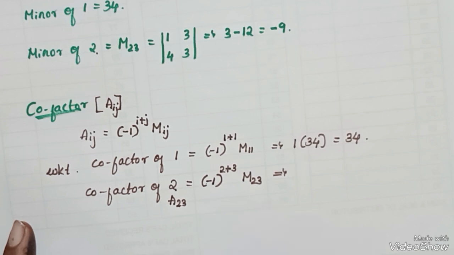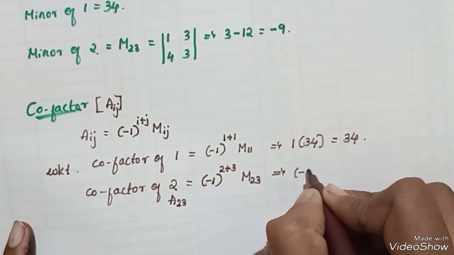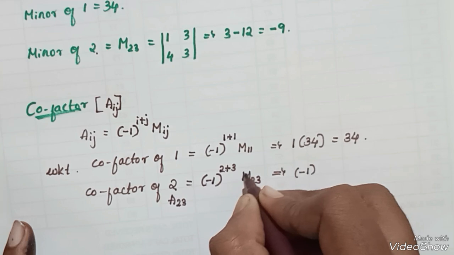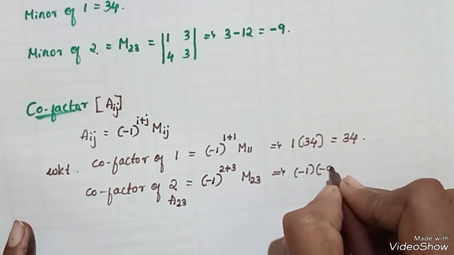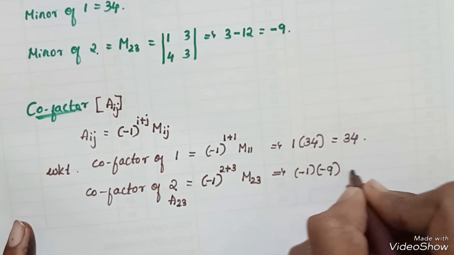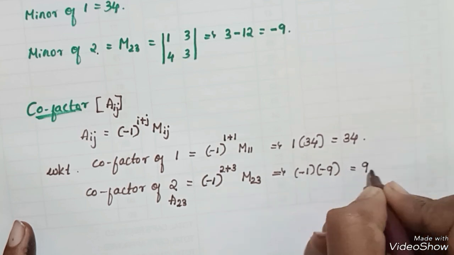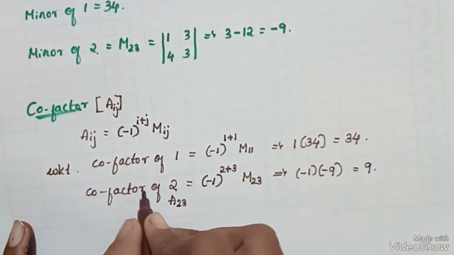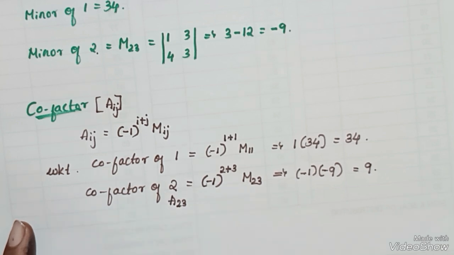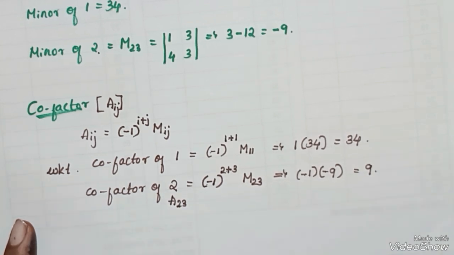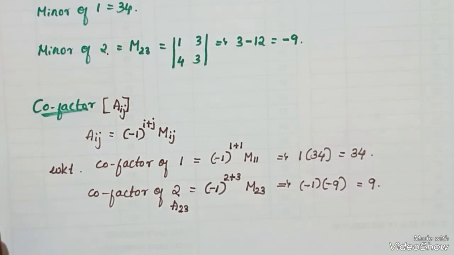The answer becomes minus 1 into M23, that is minus 9. Minus into minus becomes 9. Therefore the cofactor of the element 2 is 9. This is clear now. While taking examples it will be clear for you.